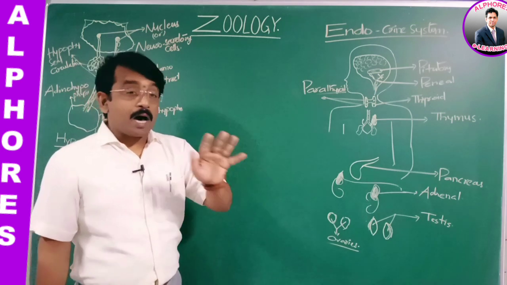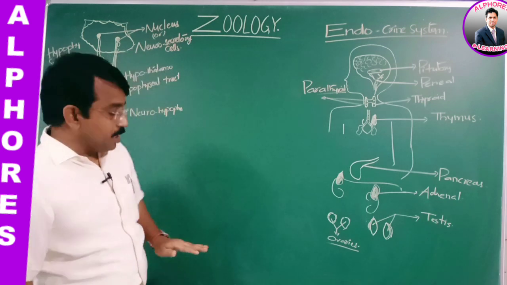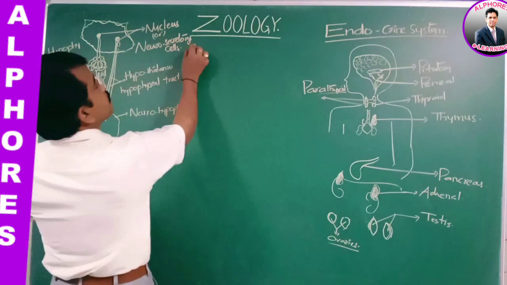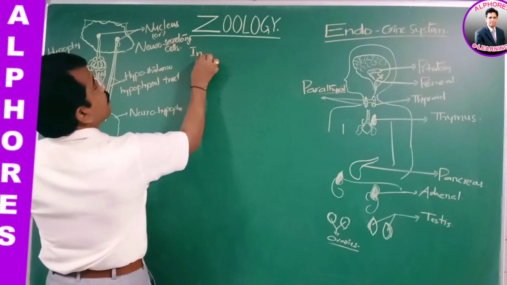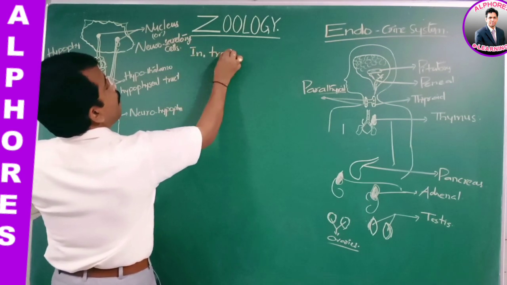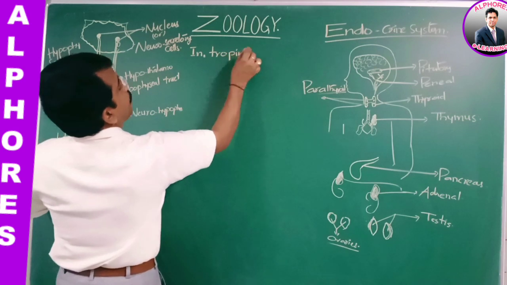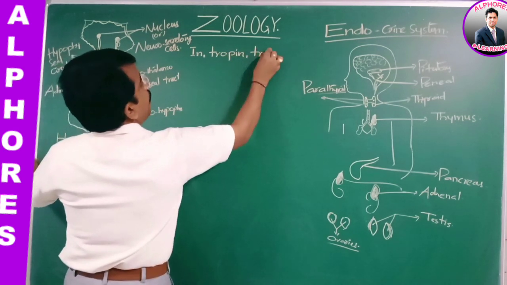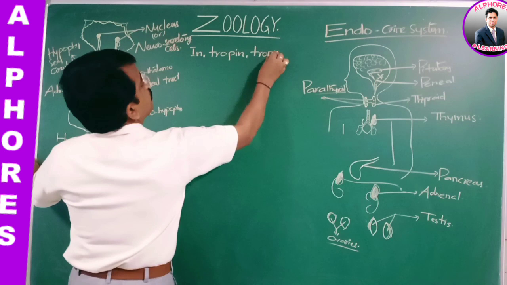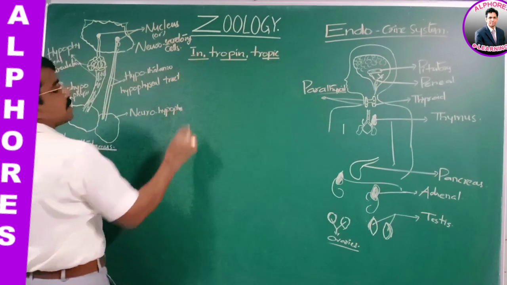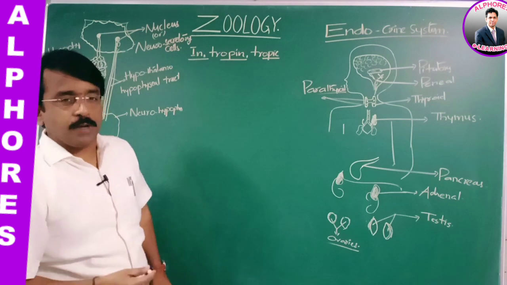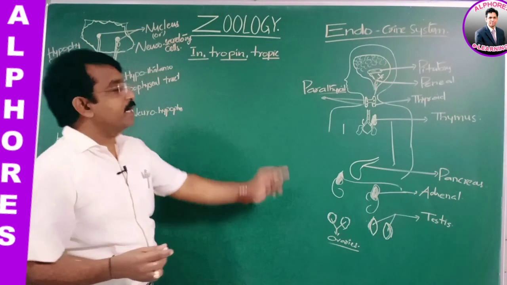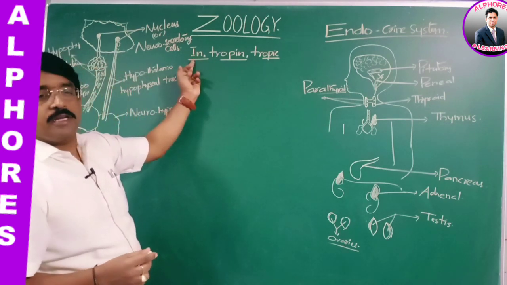Hormones are named with suffixes such as -in or -tropin, or the tropic hormones, we say. For suppose, adrenaline.